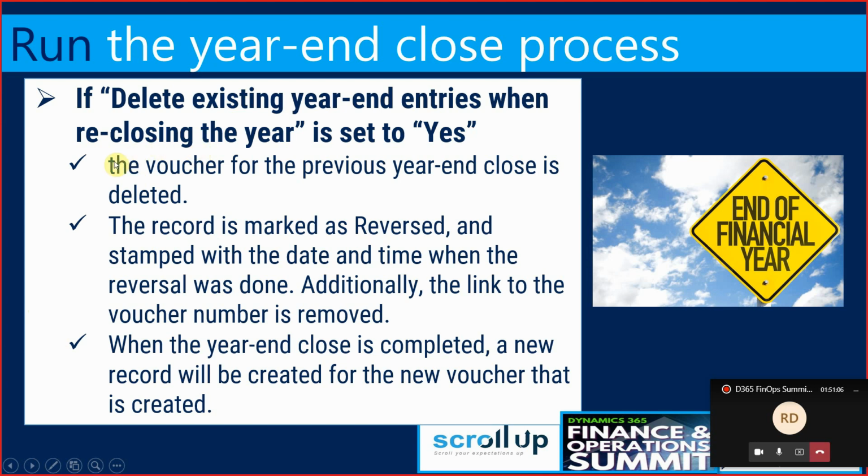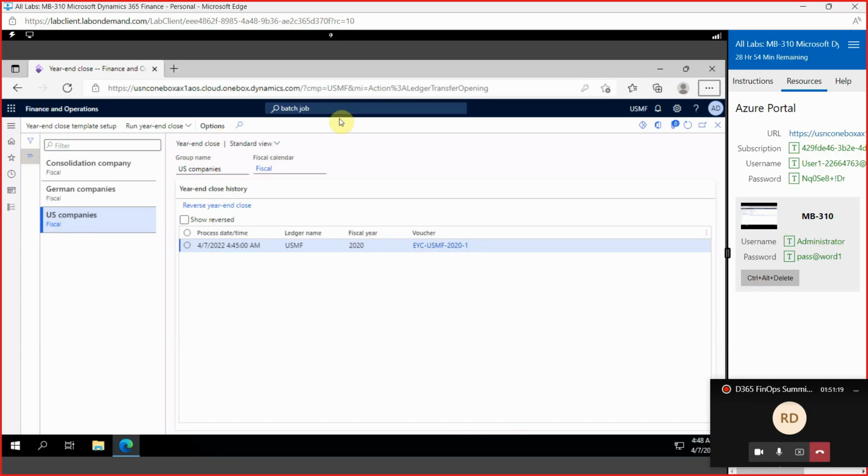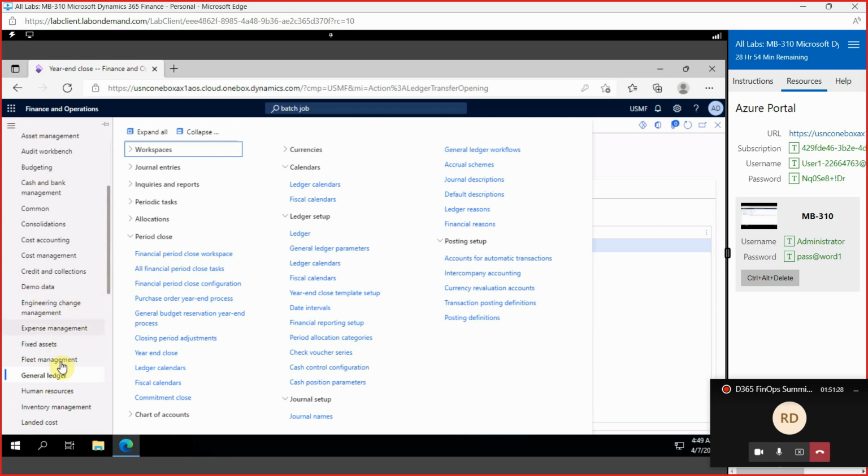So the voucher is deleted and removed, it will be shown that it was reversed, and you can see a new voucher line created. In my case here, it didn't do anything because there is no change.